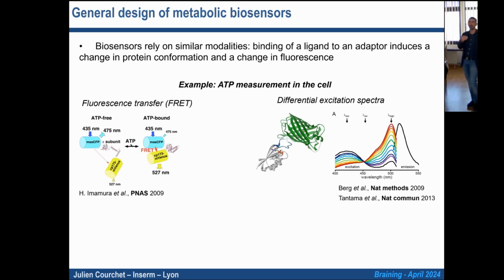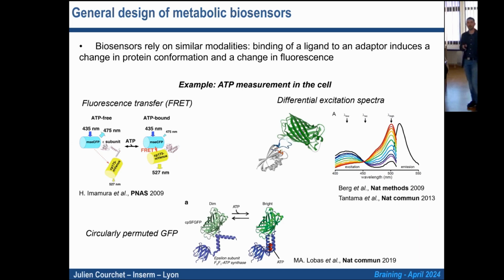So you have a signal that is 90% noise, and only 10% of that is the thing that you want to measure. So you need to have changes that are very high in the cell so that you can detect them. So FRET is much harder to master, and it needs some computation that is sometimes a bit complex. So really, depending on what type of microscope you have, you will pick one or the other.